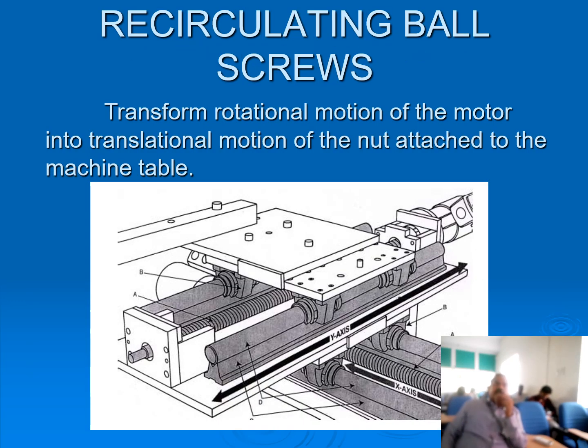Now recirculating ball screws: for converting the rotary motion of the stepper motor into linear motion, these ball screws are used. They transform rotational motion of the motor into translational motion of the nut attached to the machine table. Therefore, the machine table can go front and back.